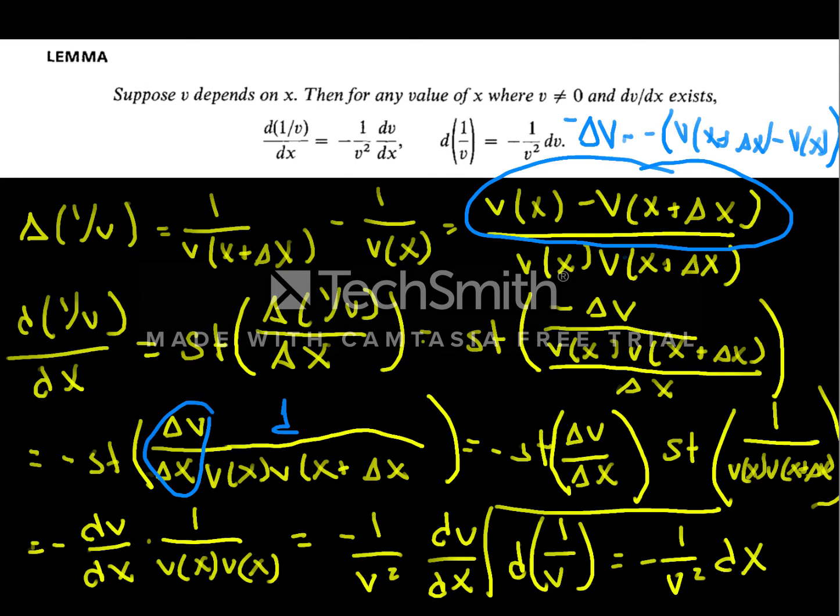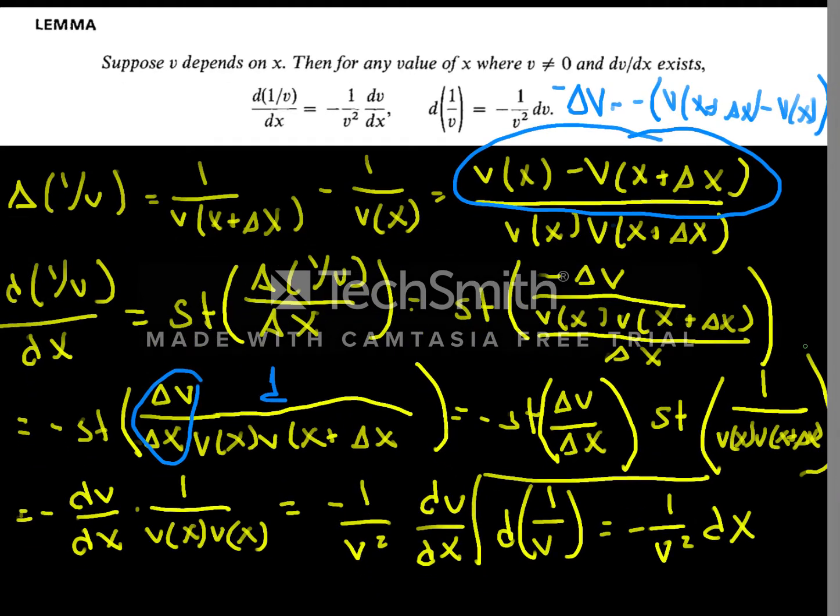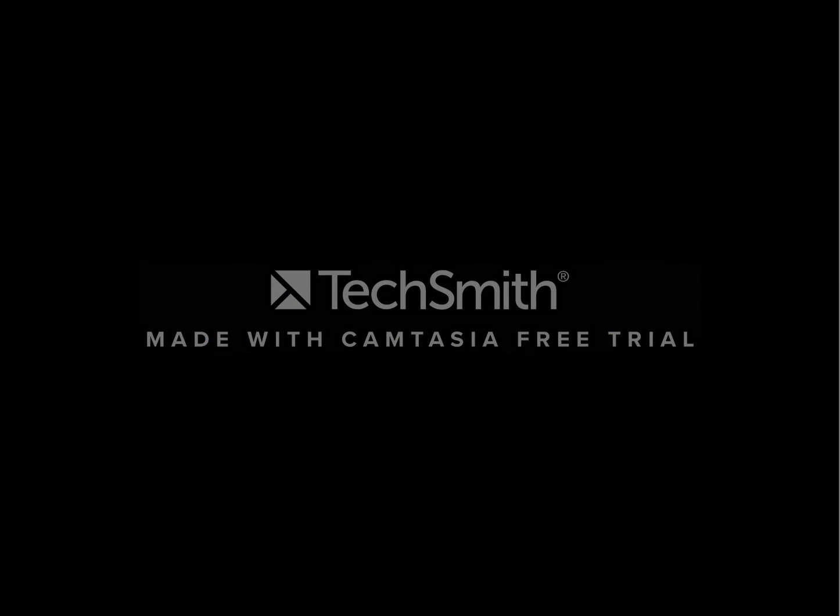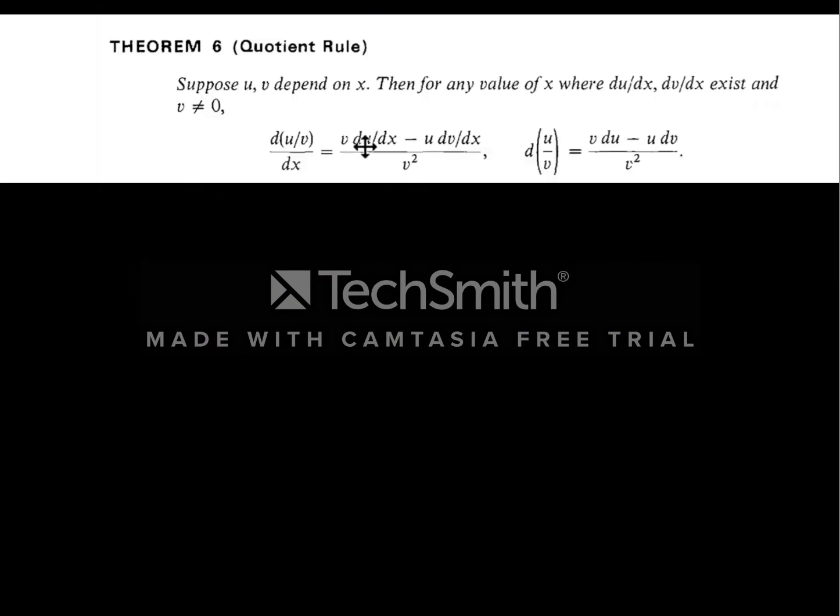So we'll use this now to establish our quotient rule. So let's get some room. So the quotient rule, now we're looking at not just 1 over v, but now we could have some arbitrary function, u, in the numerator.